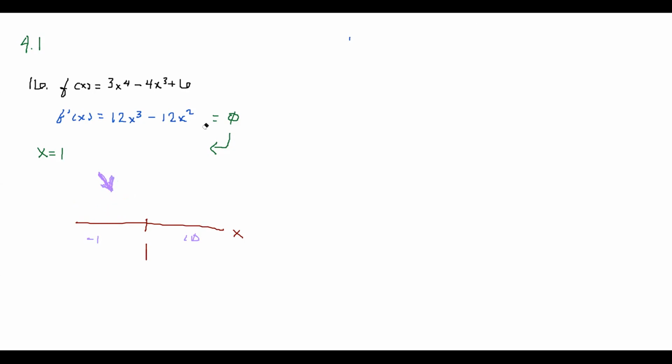Over here with 10, that'll be 12 times 10 cubed, which is 12,000, minus 12 times 10 squared, so 12 times 100. Is that positive or negative? 12,000 is larger than 1,200, so 12,000 minus 1,200 is positive.